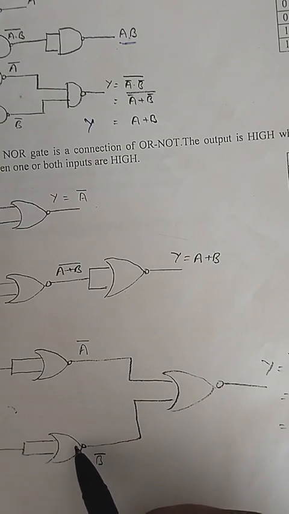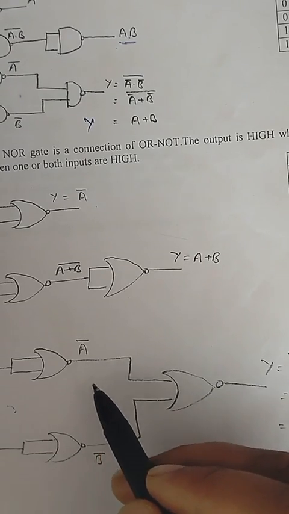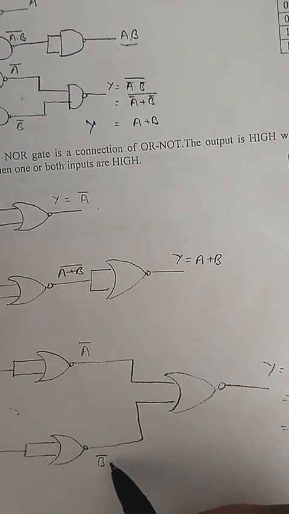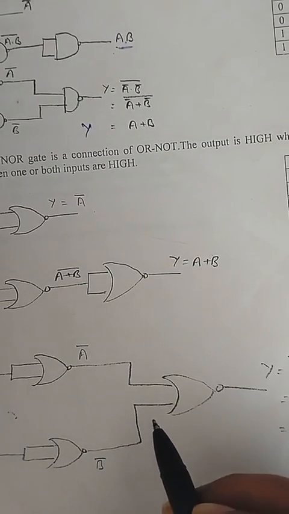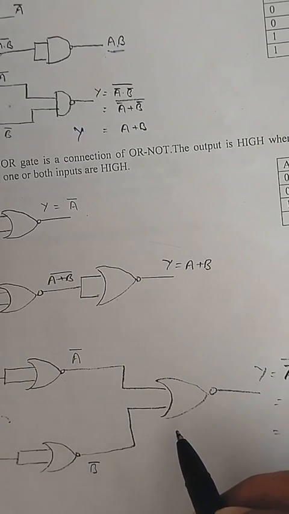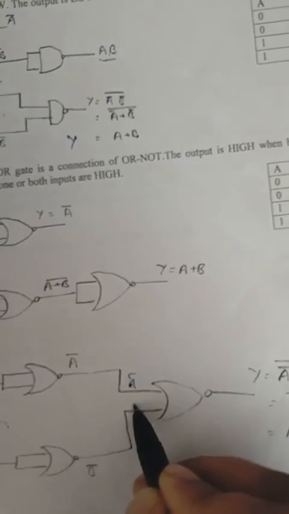The output of the first NOR gate and the second NOR gate we will apply at the input of the third NOR gate. Here we have A bar and B bar.